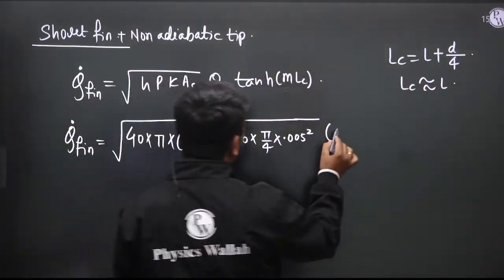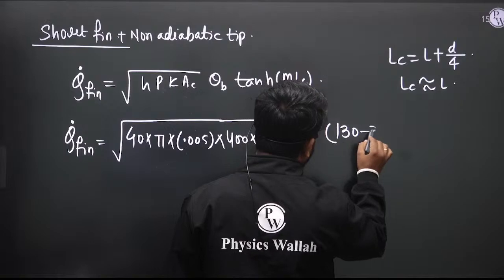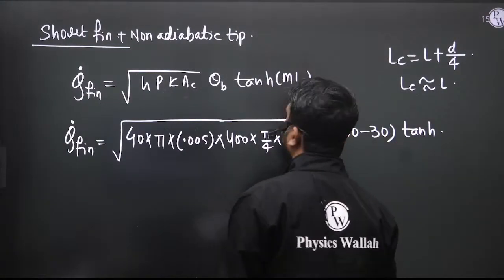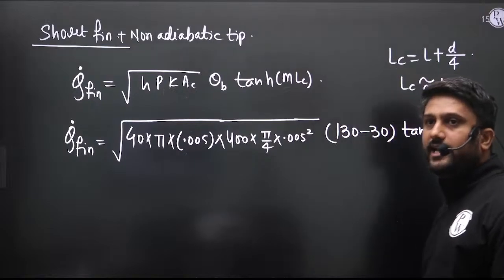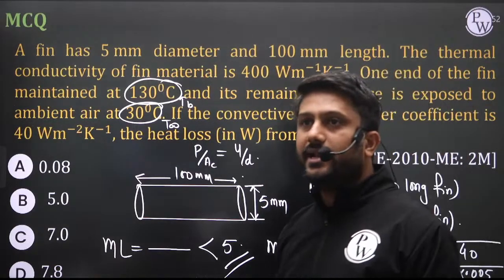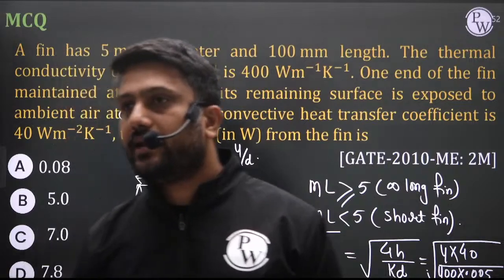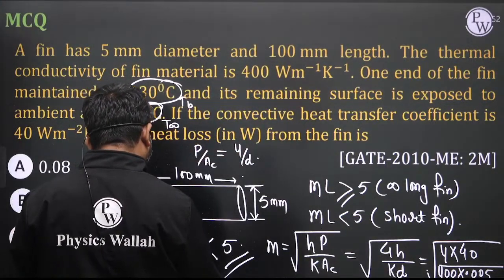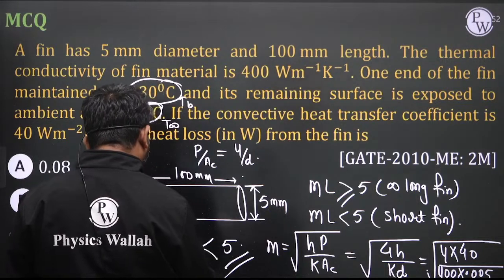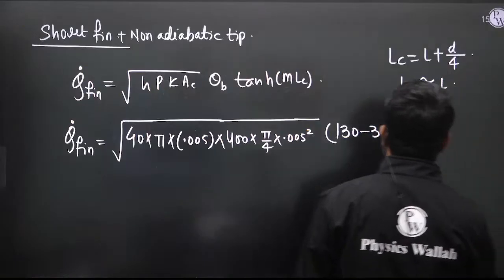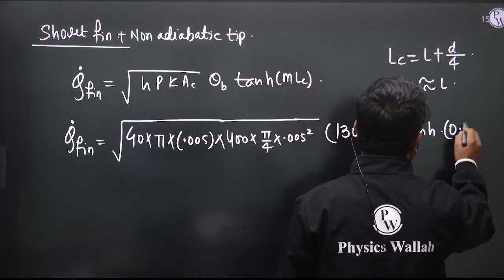And this is tanh; I already told you Lc is approximately equal to L, so tanh of mL, whatever mL value you got, that is 0.8944. Put 0.8944 here.